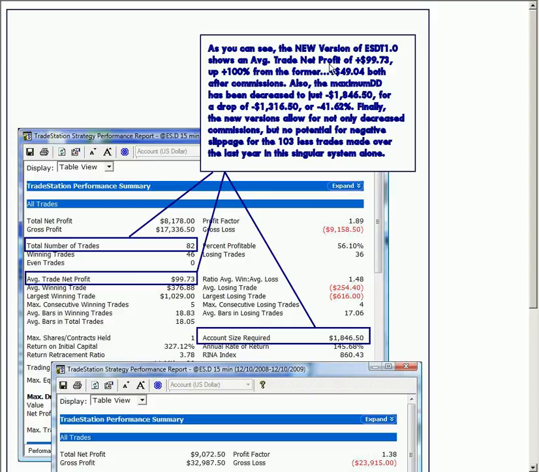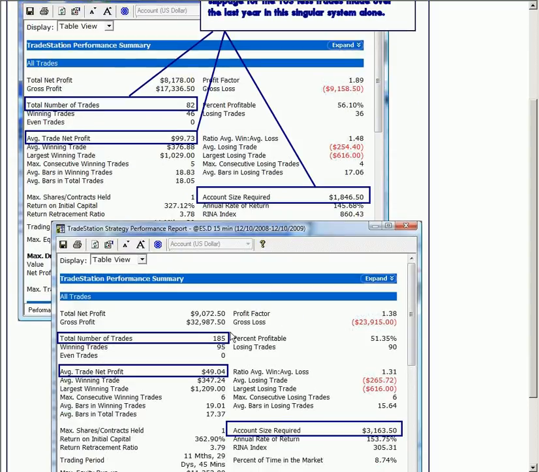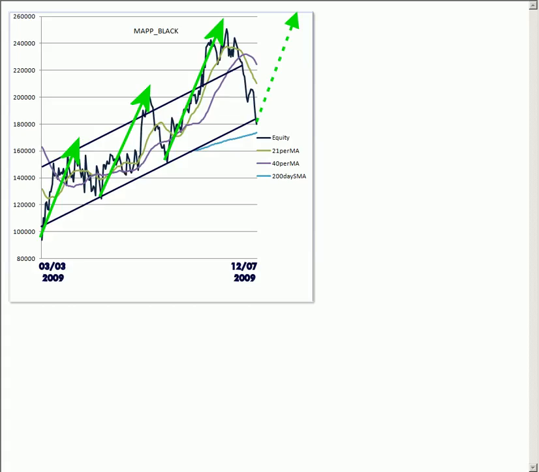As you can see, the average trade net profit has gone to $100, up 100% from the former $50. Also, the max drawdown has been decreased to just $1,800 over the last year, down $1,300 or 41%. And of course, there are 103 fewer trades. They're making essentially the same amount of money, $8,200 versus $9,000 for the older version, 185 trades down to 82. And we're just going to speed things along here.